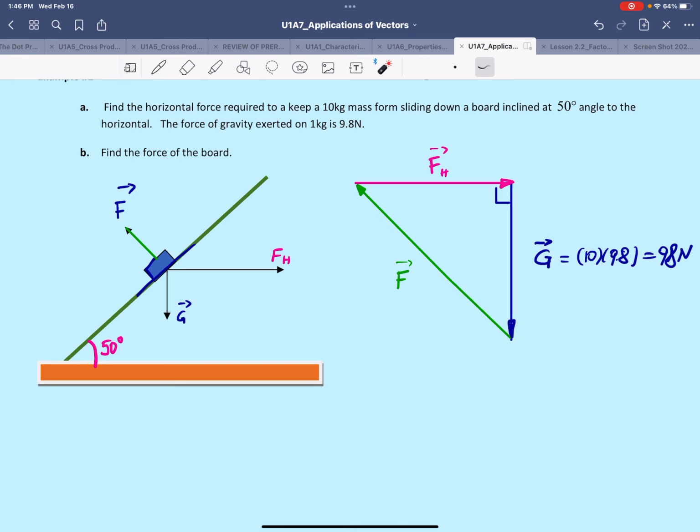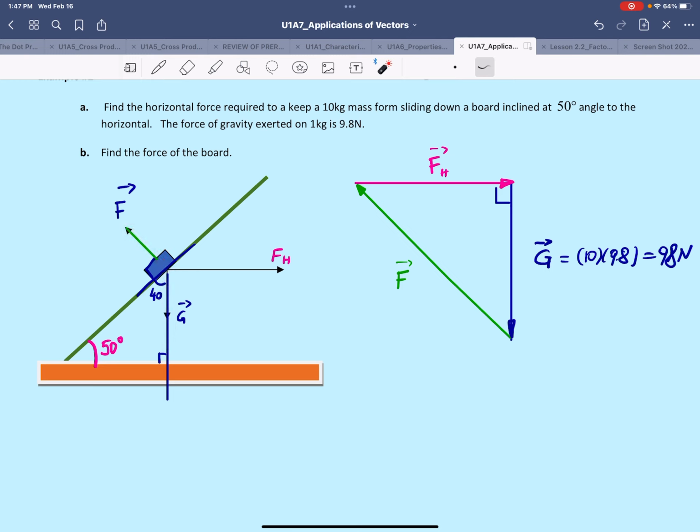So what we're going to do is play with this diagram a little bit. So what I'm going to do is extend this gravity vector down here. And as you can see, we have a 90-degree angle. If this angle is 50, that makes this angle down here 40 degrees. Remember that right here we have the vectors F and G placed with each other, tail to tail.